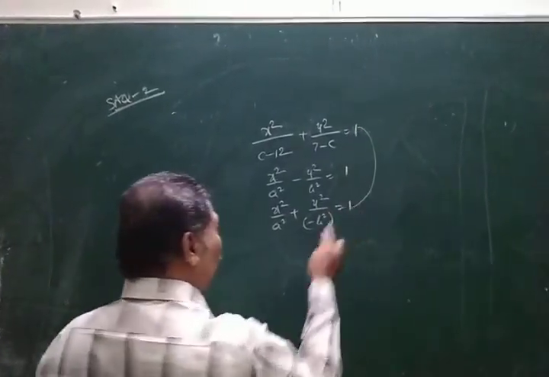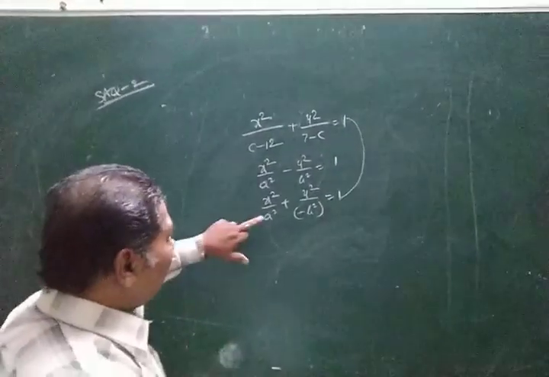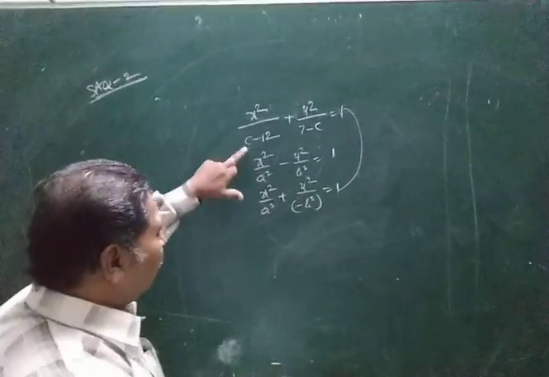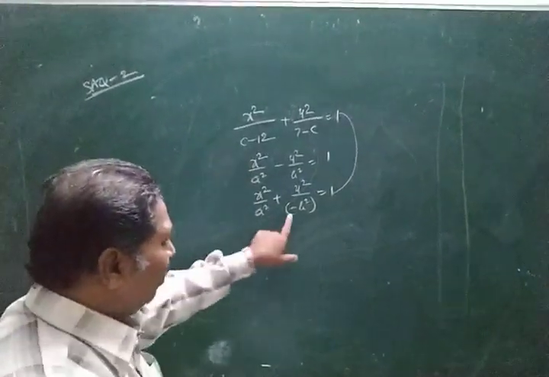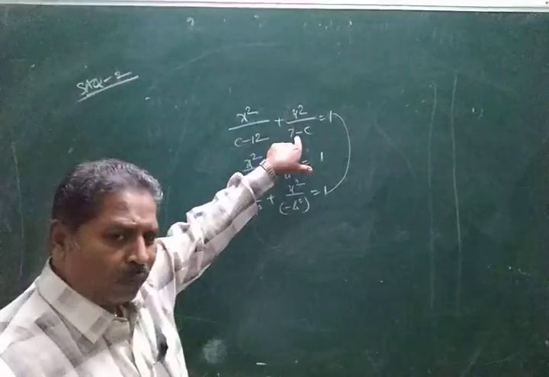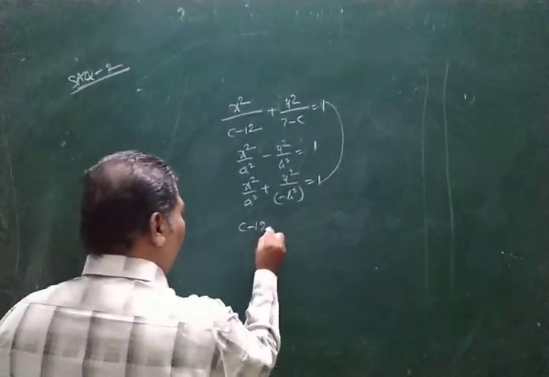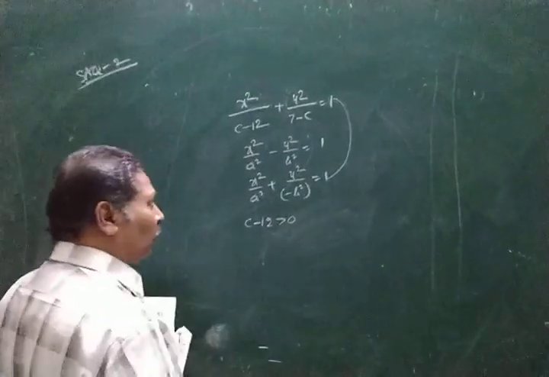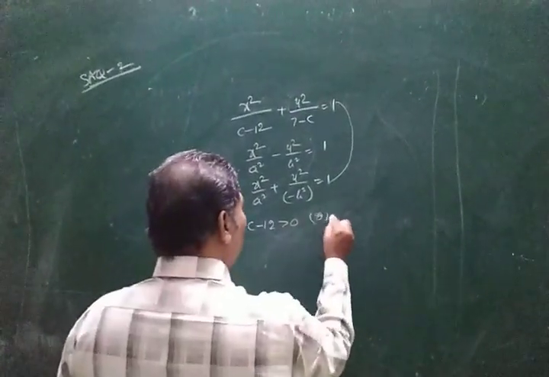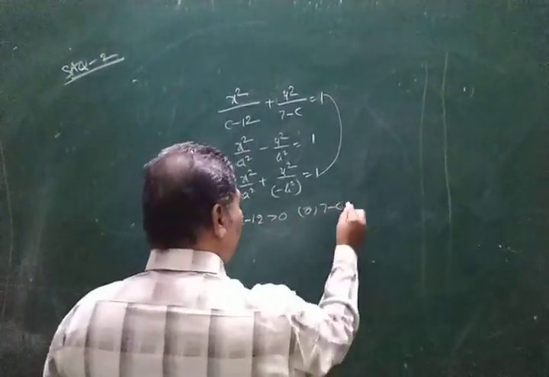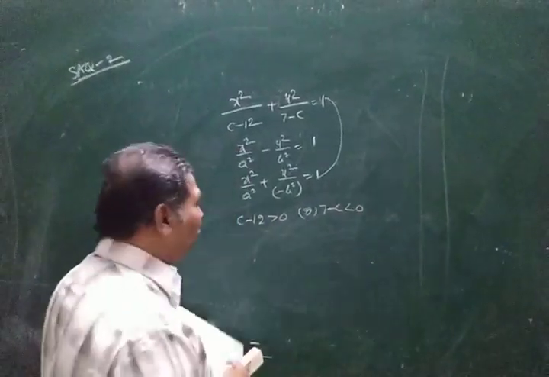Comparing these two, this value is positive, greater than 0. This value is negative, less than 0. So c minus 12 greater than 0 or 7 minus c less than 0.